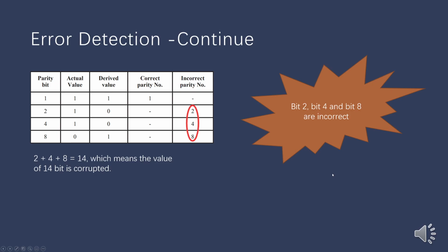To find the incorrect bit, we add up all the incorrect parity bits: 2, 4, 8, which is 14. The result 14 means that the value of bit 14 is corrupted.